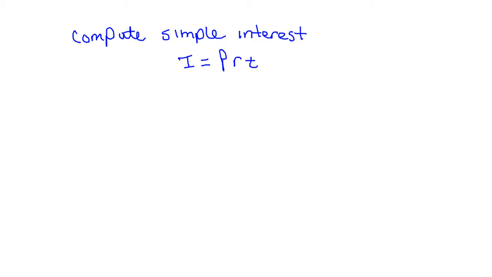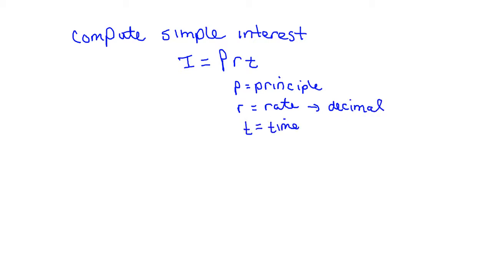The P is the principal, and principal means the money that you started with, so how much money you put in the bank to begin with. R is the rate at which you're collecting this interest. It's a percentage, but when we use it, we want to change it to a decimal. And T is time, but time is always in years.